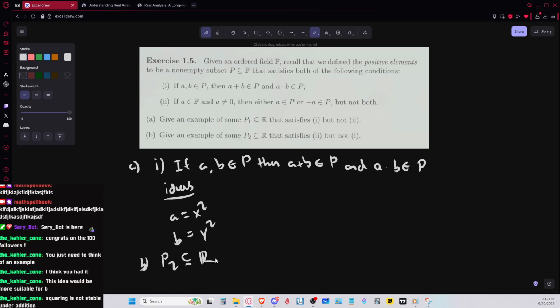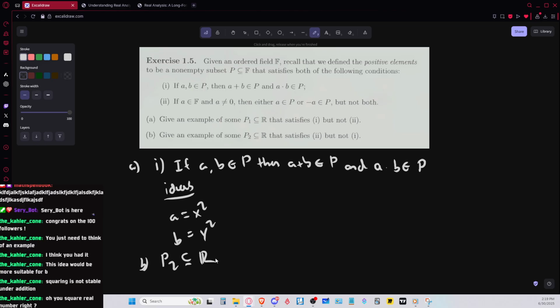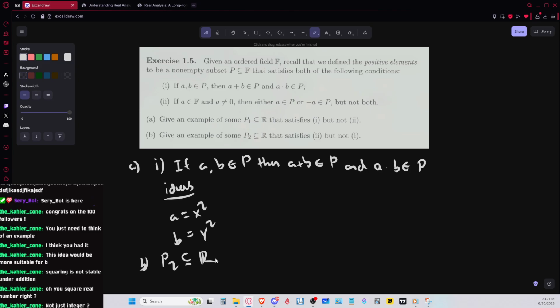It feels like when you do the first one, all the numbers fit into this parameter because it's supposed to be all the real numbers. Yeah, it's the real numbers, not just the integers.